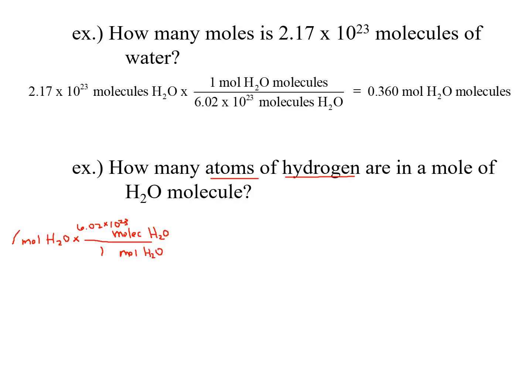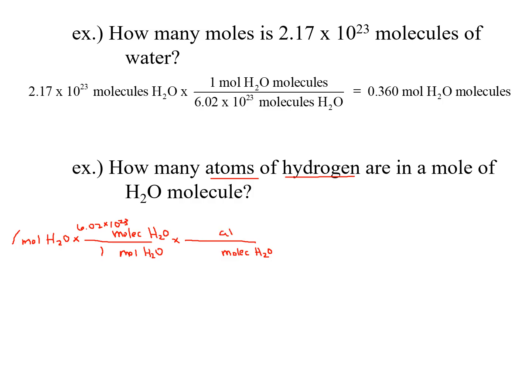Like I said before, this is going to take us another conversion factor. Now, how do you know what goes on the next conversion factor? Well, on the top of this one is a unit I don't want anymore. I don't want molecules of water. So molecules of H2O are going to cancel, so I'm going to have to put molecules of H2O on the bottom so they cancel. What am I trying to change that into?